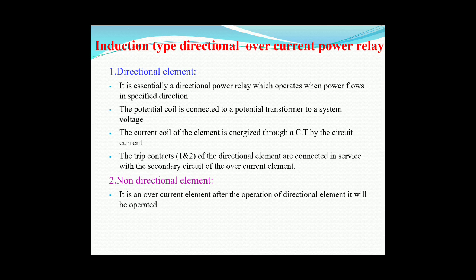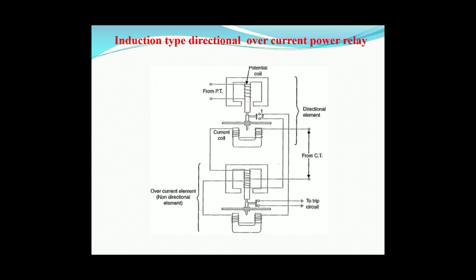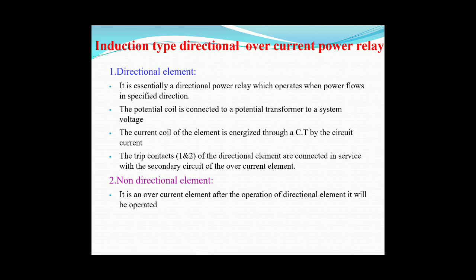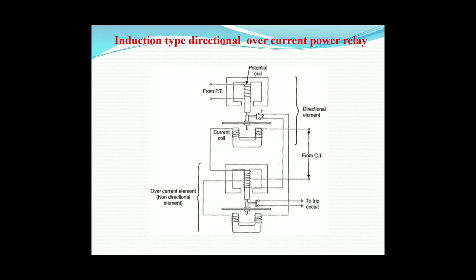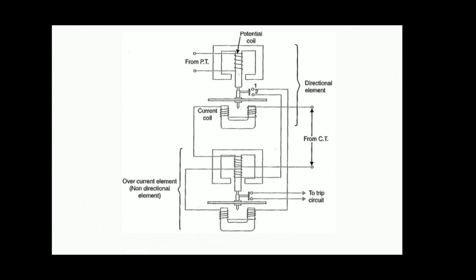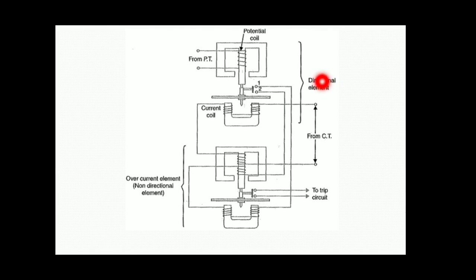This is the overall operation of an induction type directional overcurrent power relay. This is the overall constructional diagram. It consists of two elements. The first one is the directional element and the second one is the overcurrent element, which also operates as a non-directional overcurrent relay.